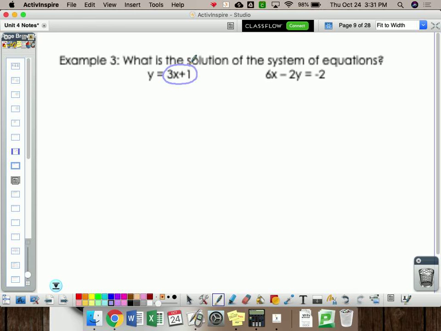That's the equation I'm going to substitute into my other equation. So since y equals that, I'm going to substitute this in to my other equation for y. So I'm going to rewrite it, 6x minus 2, and instead of y now equals 3x plus 1. And it still equals negative 2.